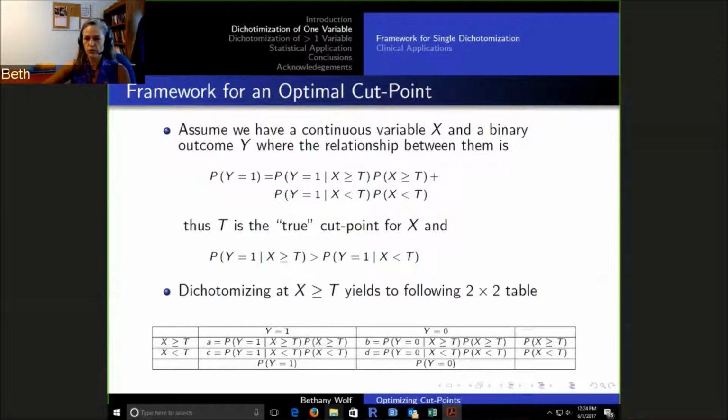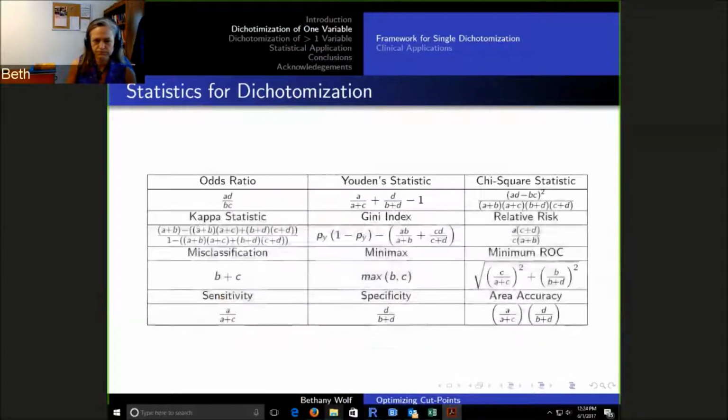When we define it this way, there are familiar statistics that we can calculate from the 2x2 table, things like odds ratio, relative risk, sensitivity, specificity. That's the framework we're working from: the idea that we can generate this 2x2 table for any choice of threshold in the data. As I said, there are a lot of methods people use to dichotomize a continuous variable based on these statistics.